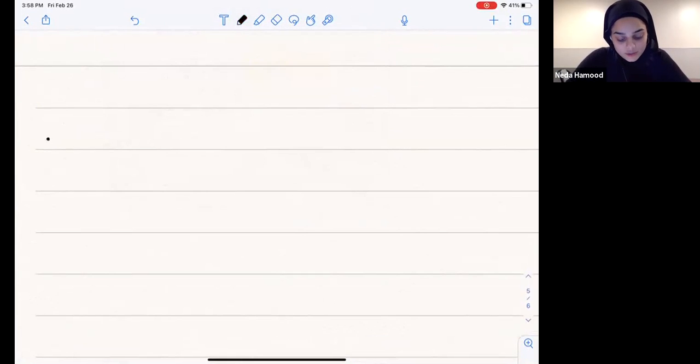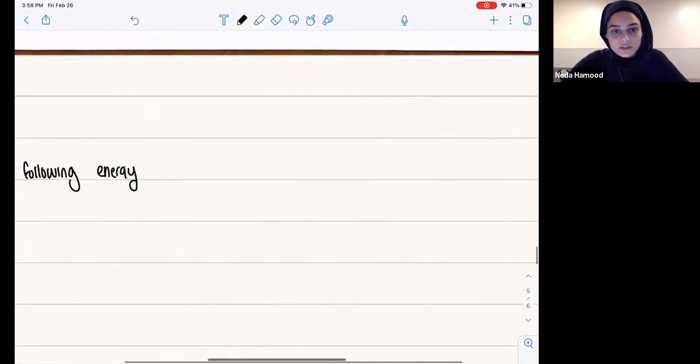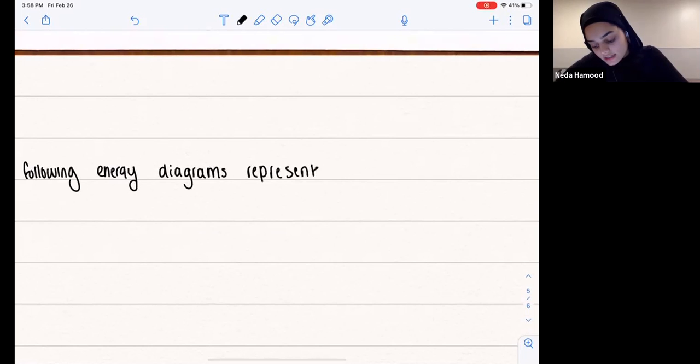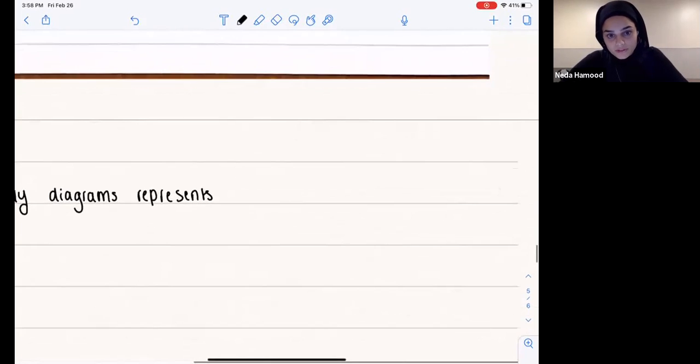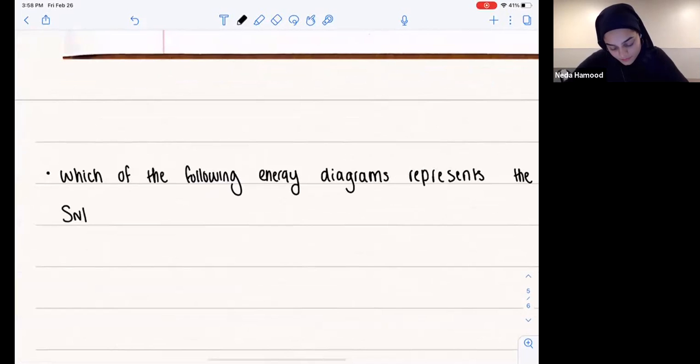So let's say: which of the following energy diagrams represents the course of an exothermic SN1 reaction?